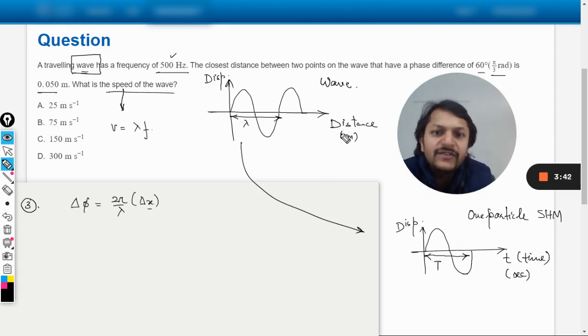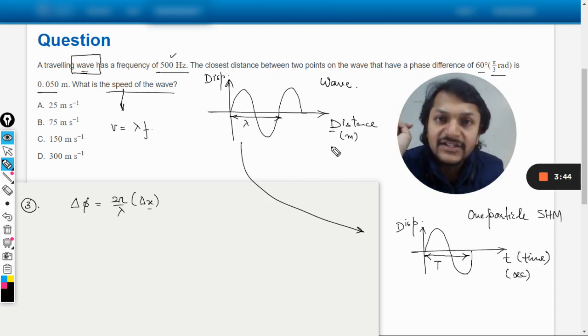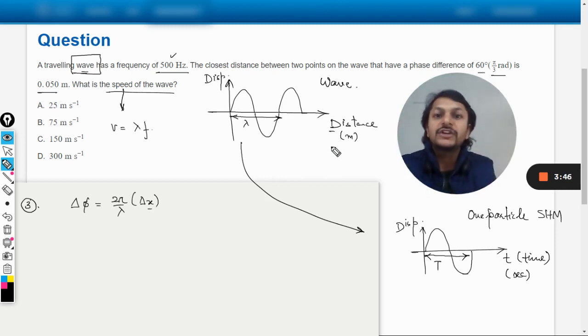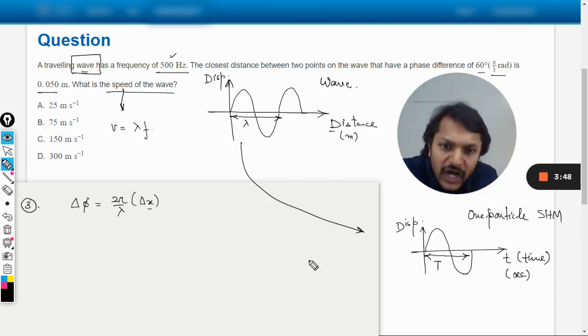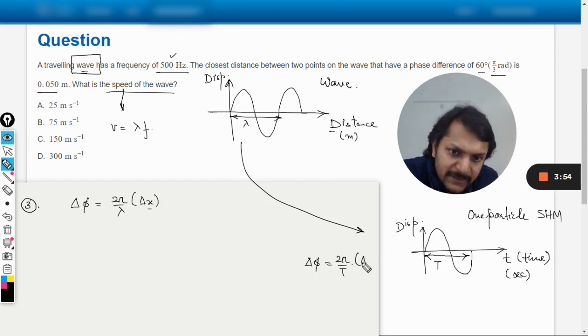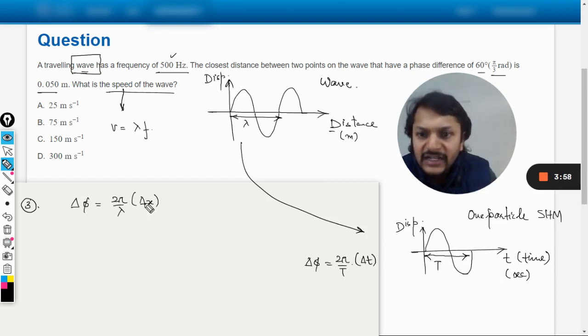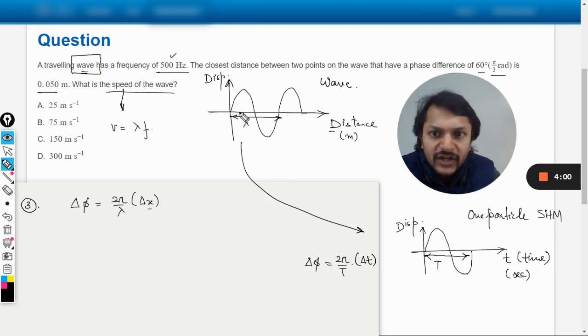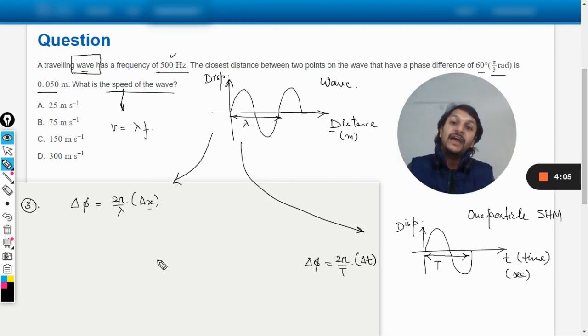Now this is the quantity which is present on the x-axis. In the case of simple harmonic motion, if you want to find the phase difference, our formula becomes delta phi is equal to 2 pi by T multiplied by delta t, because delta t is the change in time. Here delta x is the change in position. So we are referring to this graph. So in this question, we would be using delta x.